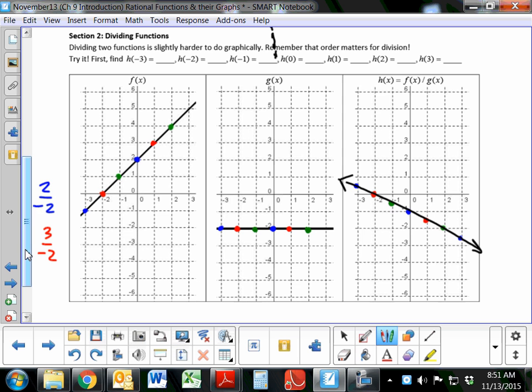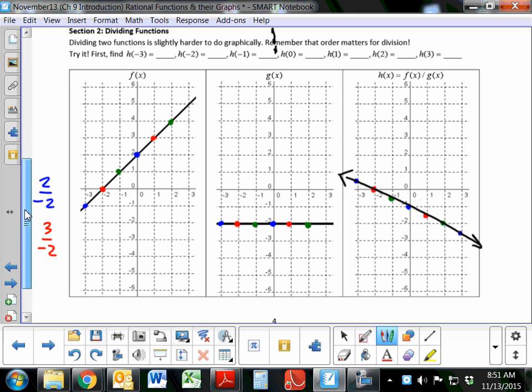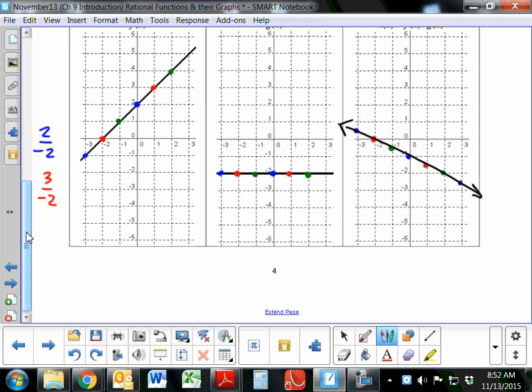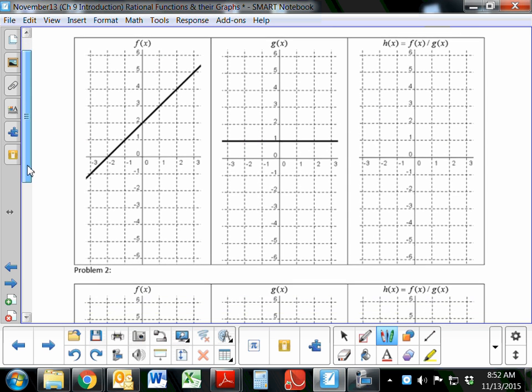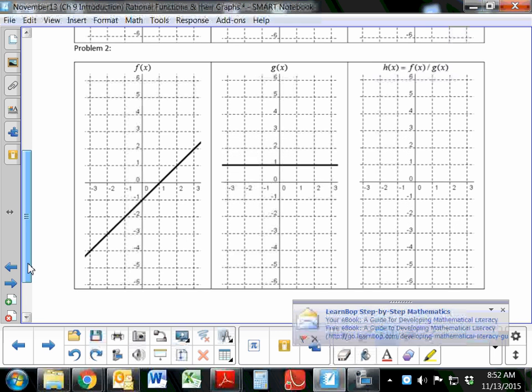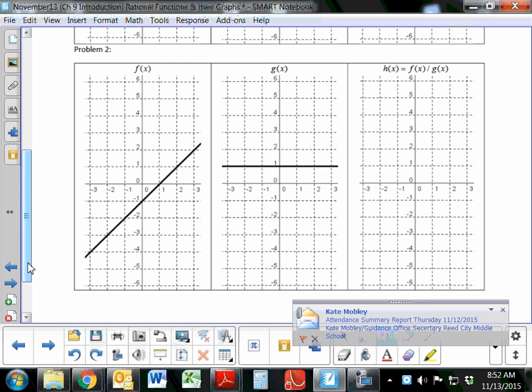Your goal, before you leave, to turn in is you're going to do what we just did with division on problem number 1 on the next page and problem number 2 on the next page. And that is it. Are they just flat?